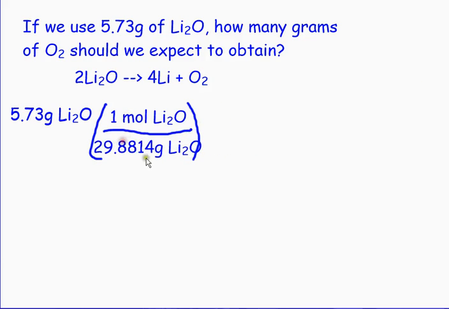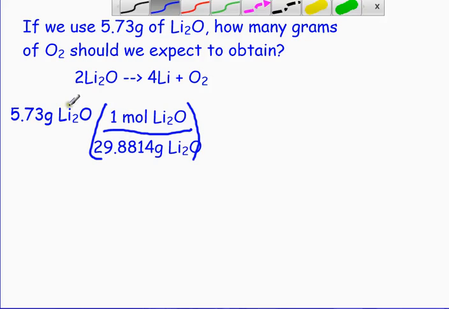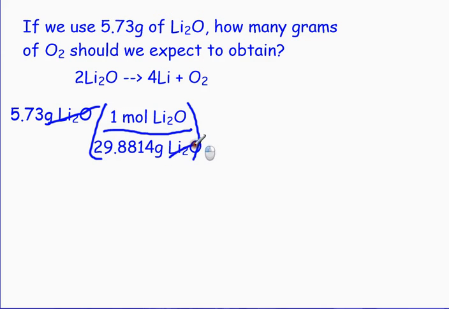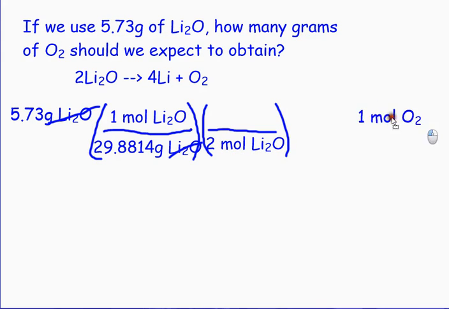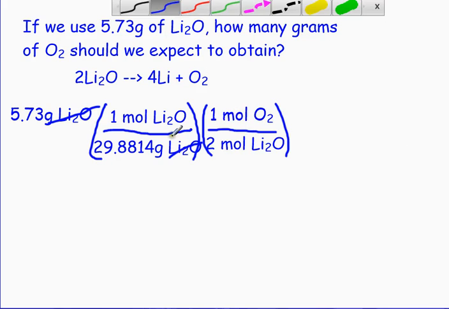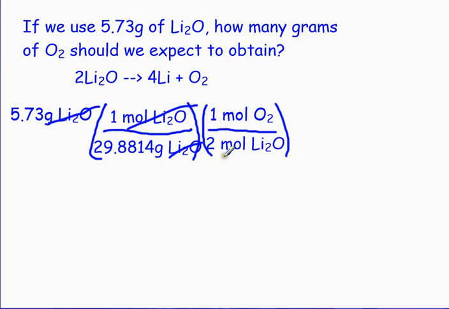So the molar mass of lithium oxide on the bottom, so that the units of grams of lithium oxide cancel, and moles of lithium oxide on the top. My next step is to convert from moles of lithium oxide to moles of what I'm trying to find, which is oxygen. So again, the coefficients, 2 moles of lithium oxide produces 1 mole of oxygen gas. So the units moles of lithium oxide cancel out, and I have moles of O2.